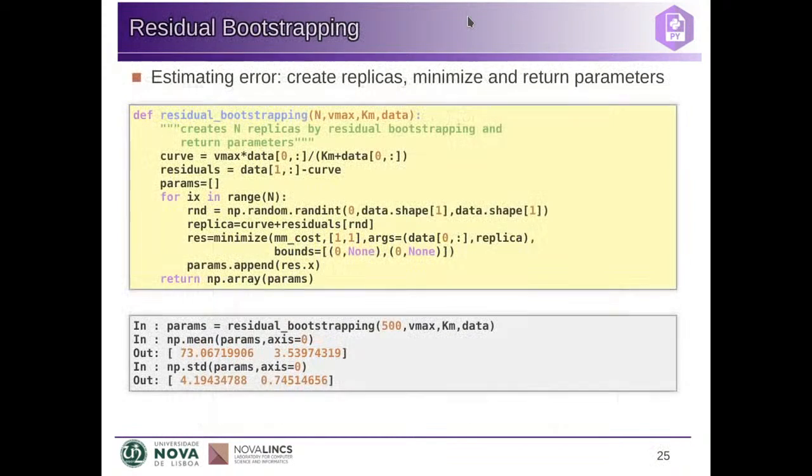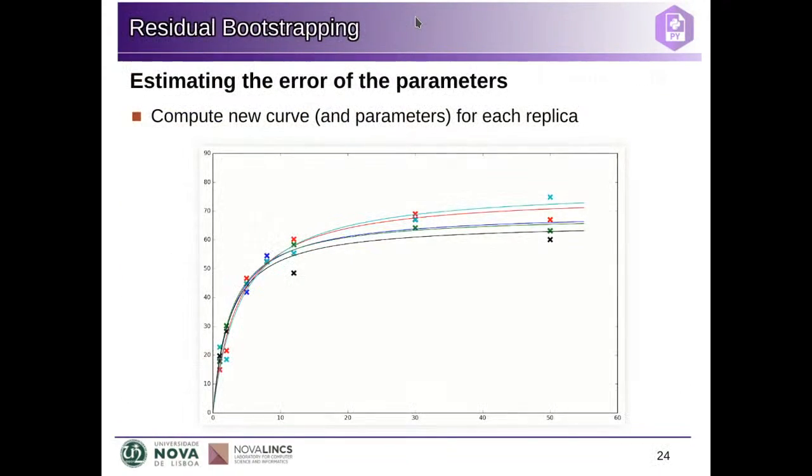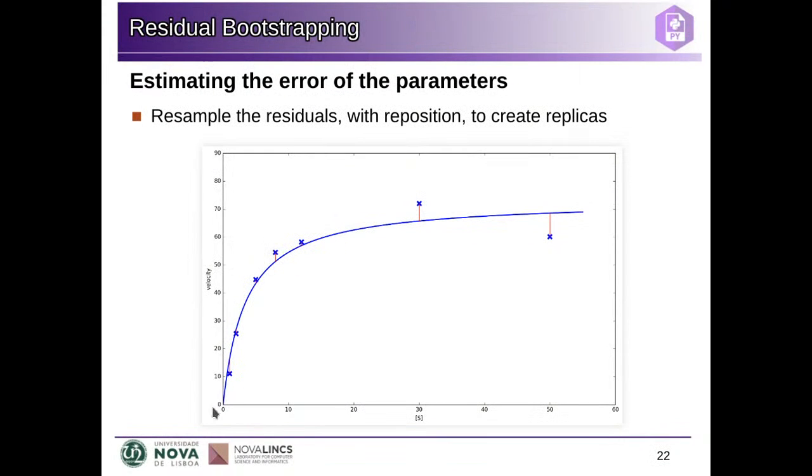And now for each replica, we're going to create a random set of indexes that is going to index all the elements that we have, but we are going to pick at random from the residuals. So the replica will be based on the best curve, this best line here, but then adding randomly picked residuals from all the points.